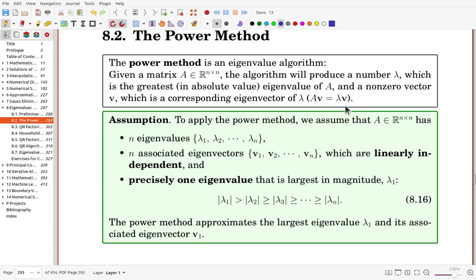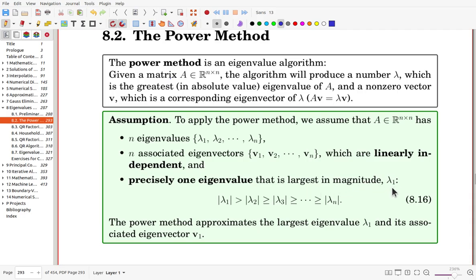For the method, we'll assume the following. A has n eigenvalues, lambda 1 to lambda n, and n associated eigenvectors v1 to vn, which are linearly independent. And precisely one eigenvalue is largest in magnitude.